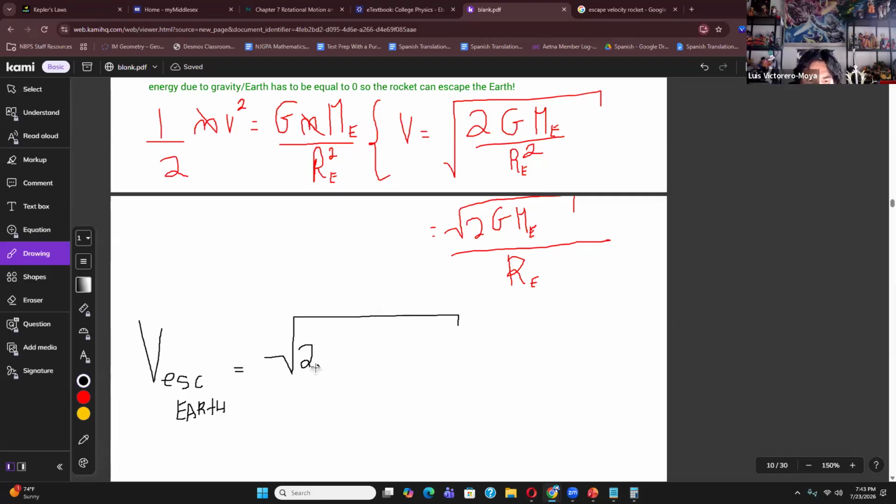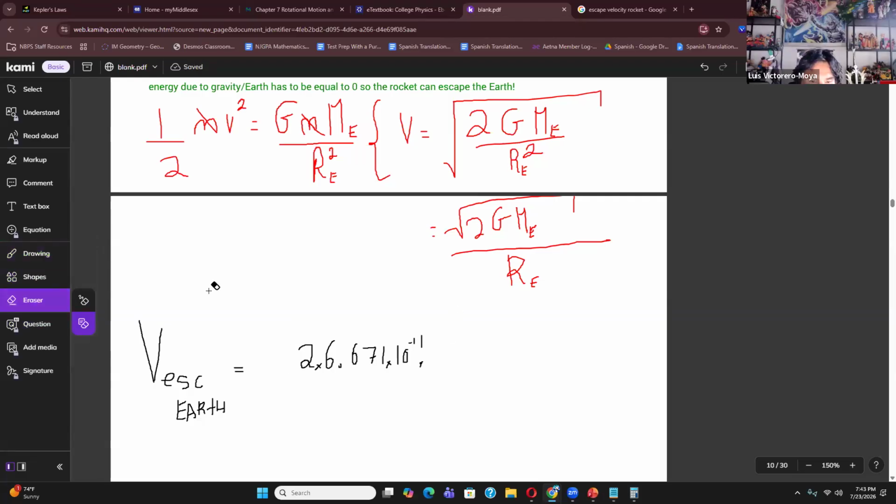What's G? 6.671 times 10 to the negative 11, times the mass of the Earth, 5.972 times 10 to the 24.